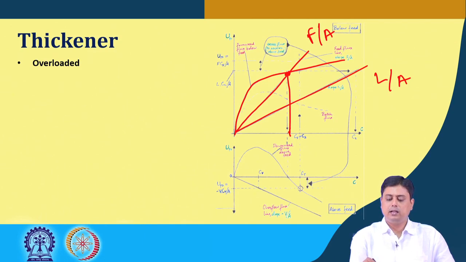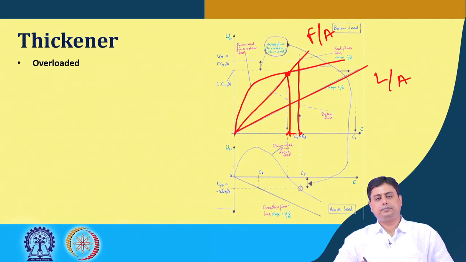But say the thickener is operating with a Cf that is in excess of that. Which means the scenario is overloaded.